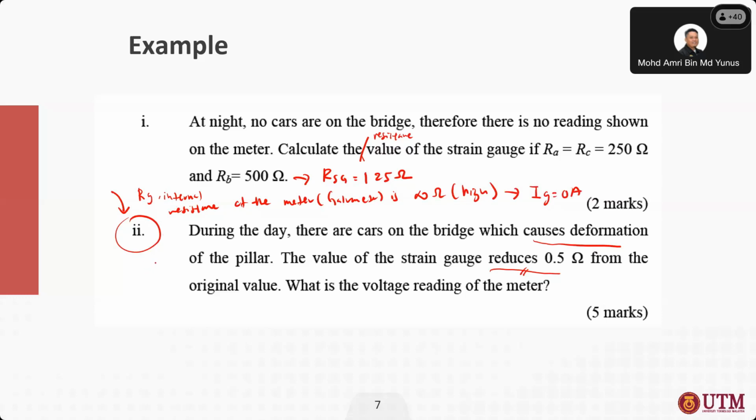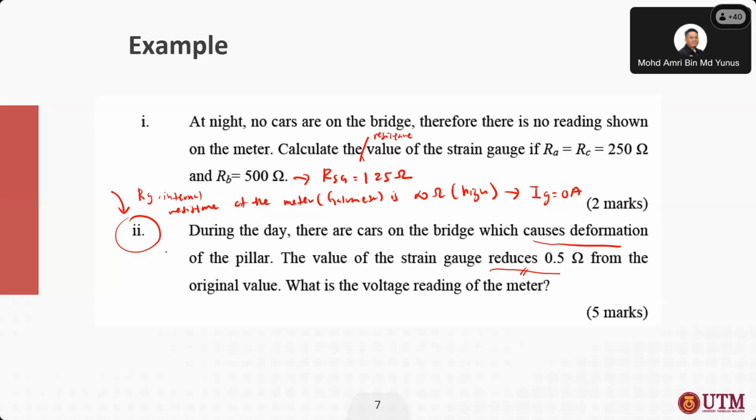If this is not the case, we have to consider the internal resistance of the galvanometer, and then find the voltage reading using what is called the Thevenin circuit. So it's okay, we look into that.